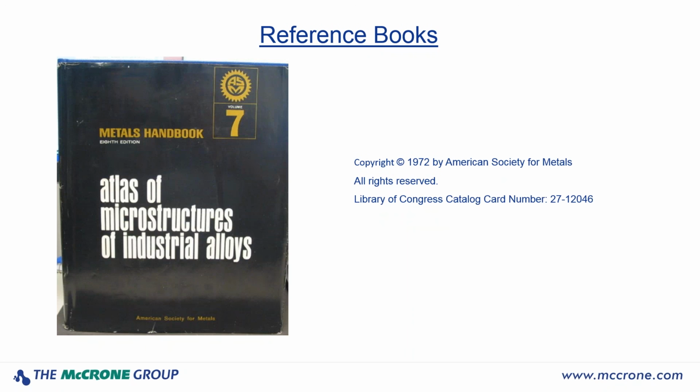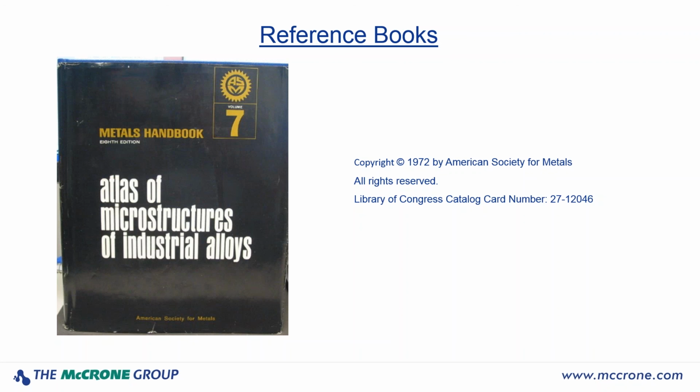And then finally, this is one of my favorites. It's an old book, copyright 1972 by the American Society for Metals, or ASM International as it's known as now. It's the Metals Handbook, Volume 7, Atlas of Microstructures of Industrial Alloys. Now this particular book has all kinds of different alloys and just loaded with pictures of microstructures, surfaces and cross sections and so forth.